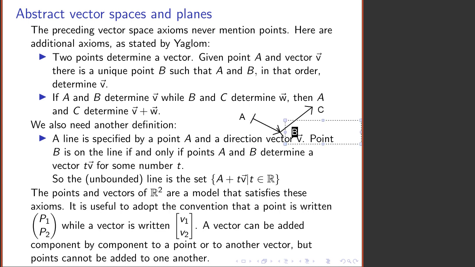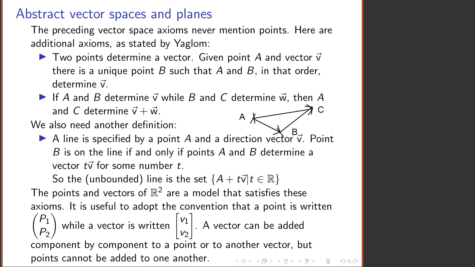Okay, so what the axiom says is if A and B determine vector V in accordance with the first axiom, and B and C determine vector W in accordance with the first axiom, then if I ask what vector is determined by A and C, the answer is it's the vector V plus W. This is usually the way vector addition is introduced in physics courses.